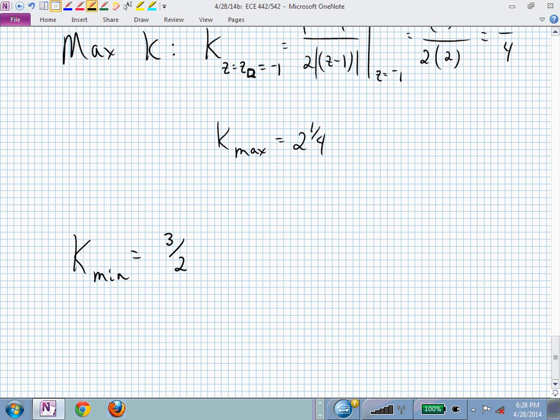Is it possible to sprinkle poles and zeros outside the unit circle? Yes. So don't get those two confused. Because we had to sprinkle a pole outside the unit circle to stabilize the closed loop system. We just didn't cancel an unstable pole or 0. Questions on that?